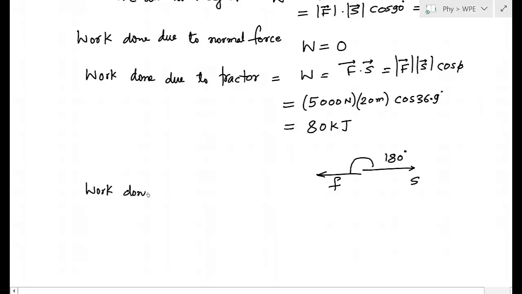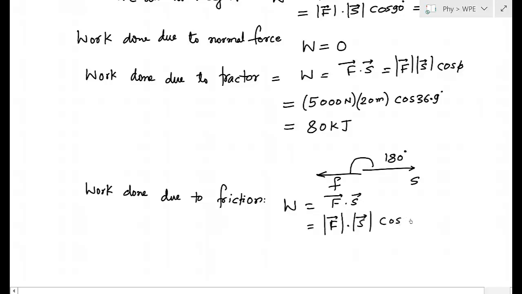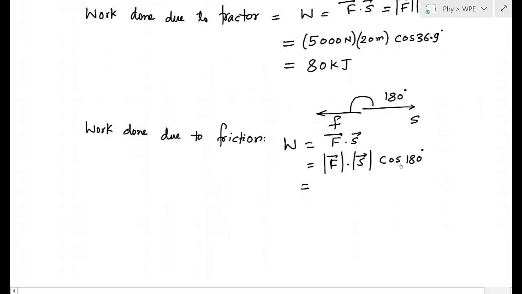So work done due to friction. This work again, W is equal to F dot S, and in this case the friction force magnitude is given, the displacement magnitude is given, and the cos angle will be cos 180 degrees because this angle is 180 degrees. So the friction force is given, that is 3500 Newton, and displacement is 20 meters, and cos 180 is nothing but -1.